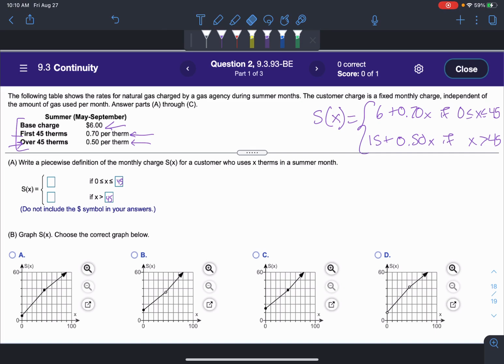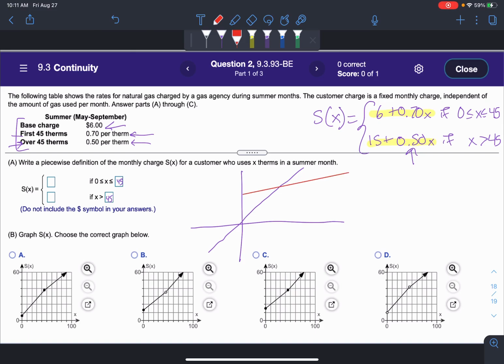Okay, so the graph. We notice that these two pieces are basically lines, right? If we graphed them individually, we would get two lines. Maybe this is the first line, and the second line has a smaller slope. That means it's going to be less steep and grow a little slower.